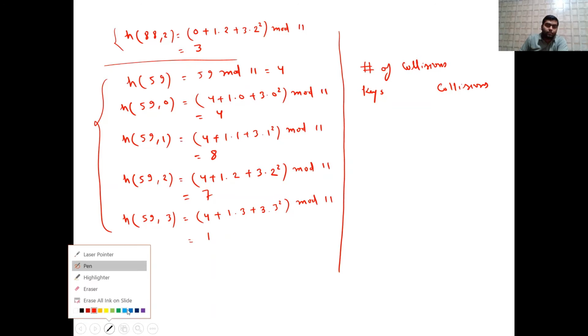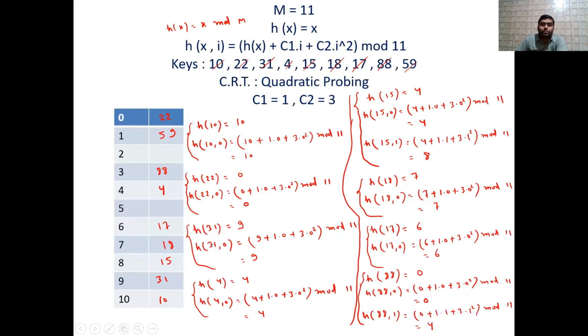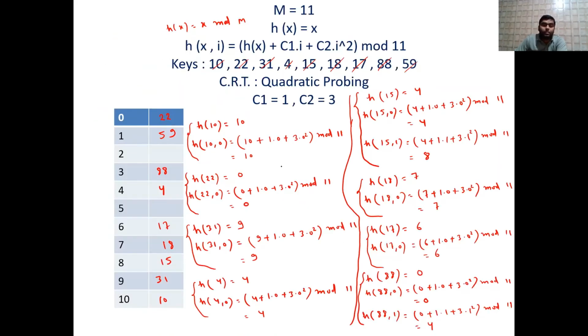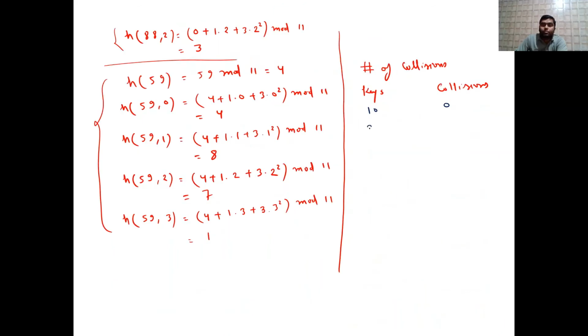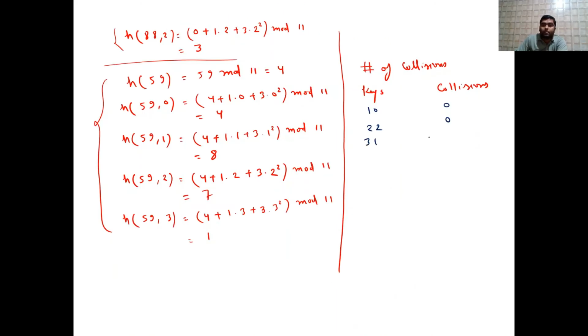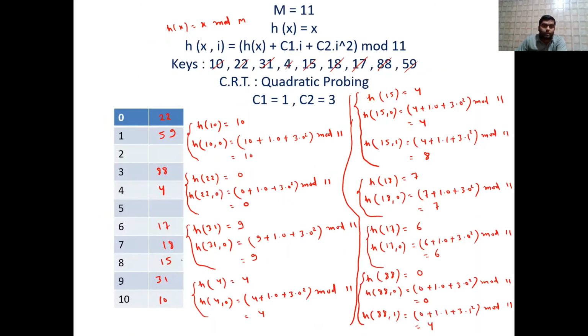So the very first thing is, in case of 10, there is no collision. So in case of 10, collisions are 0. In case of 22 also, no collision. In case of 31, no collision. In case of 4, no collision at all.